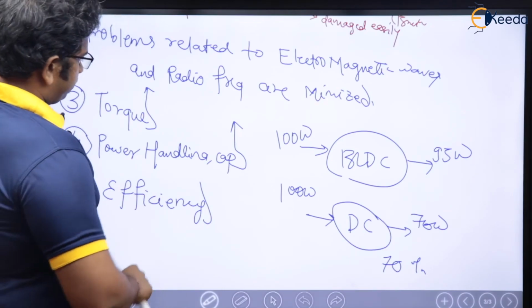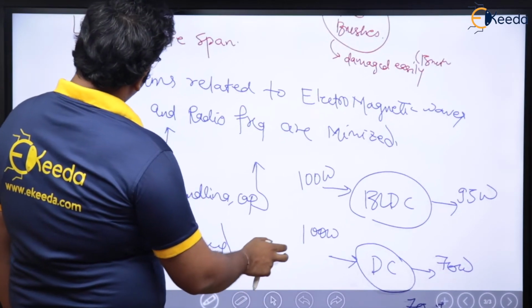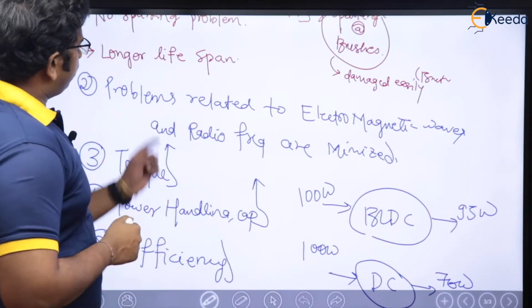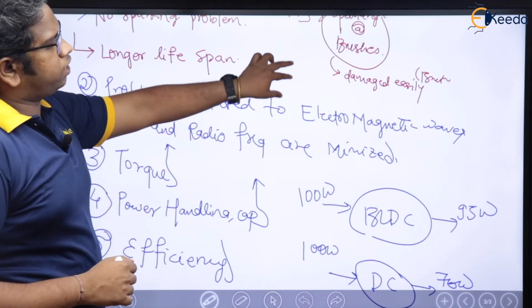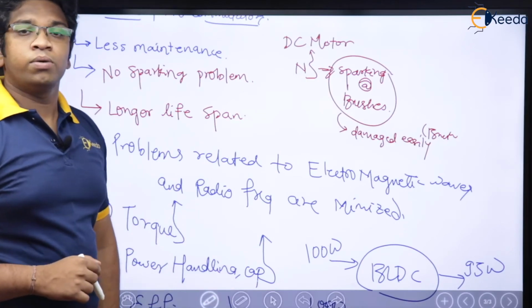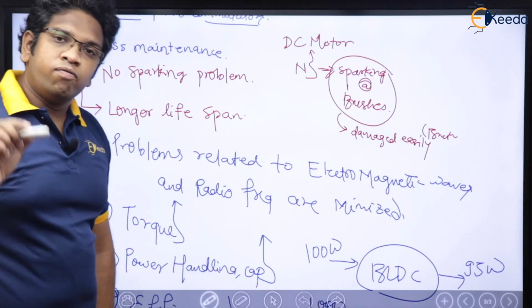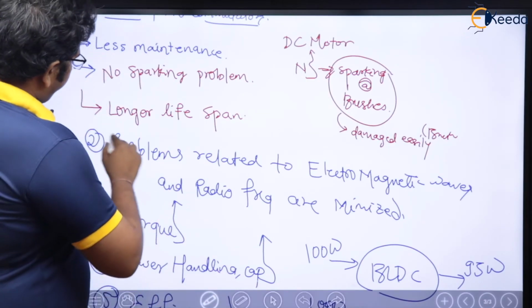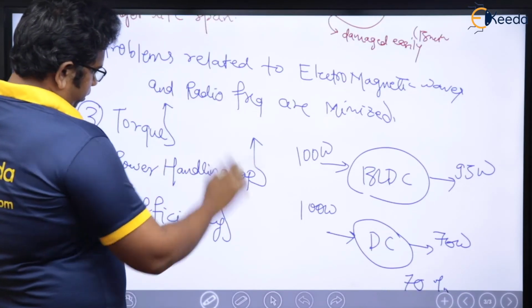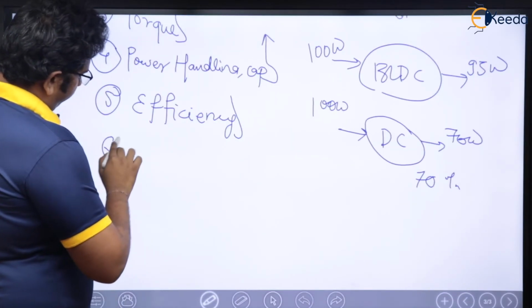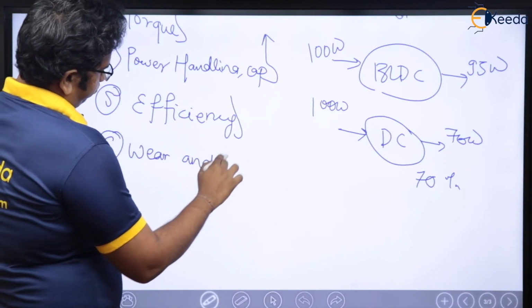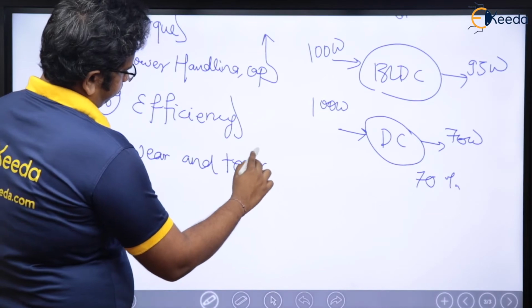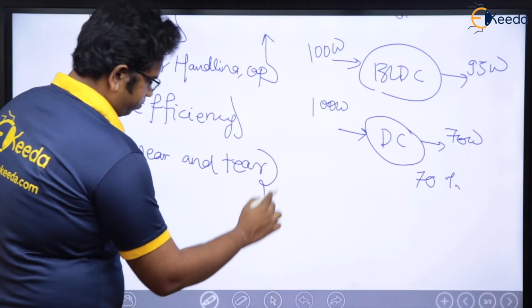And one more point: longer lifespan, because since there are no commutators and no brushes, wear and tear is going to be less. We need to write that point also.